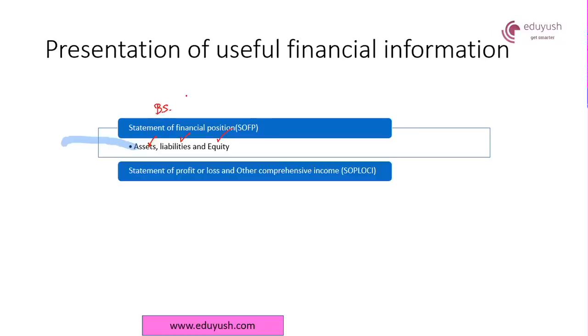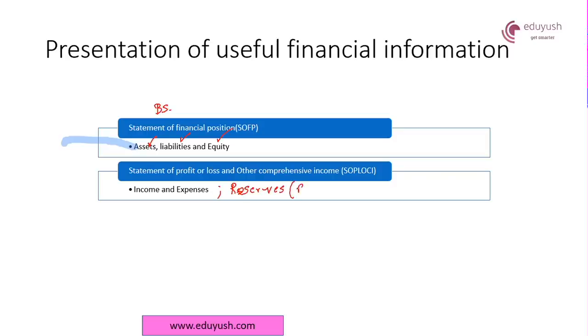Then you have a statement of profit or loss and other comprehensive income, SOPL and OCI. As the session progresses, I will tell you what it is, but for now, just remember it contains income, expenses, and it also contains some reserves which are related to equity.